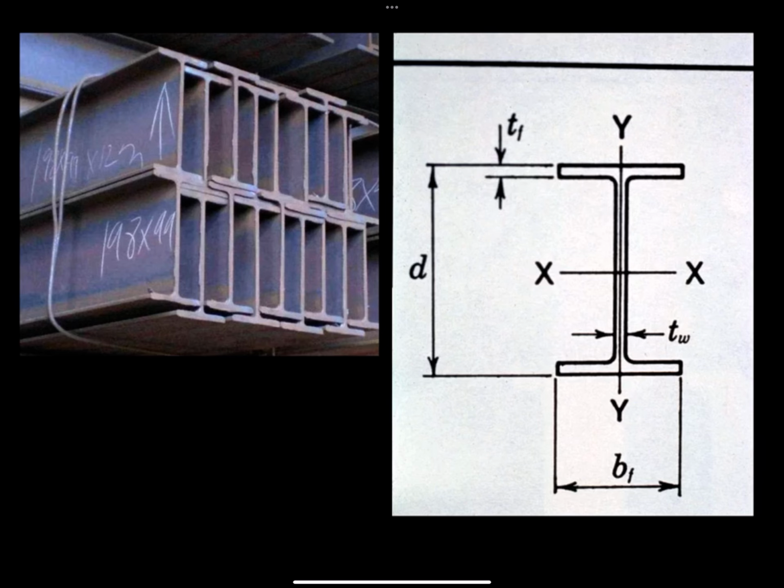W12s will come in many different weights, ranging from 14 pounds per foot to 336 pounds per foot. And so to achieve 336 pounds per foot, the webs and the flanges will end up being much thicker.